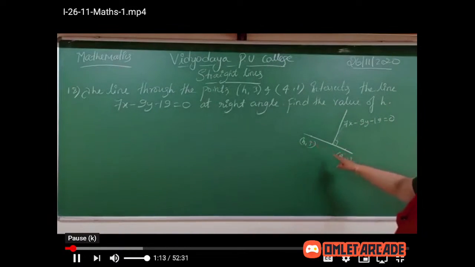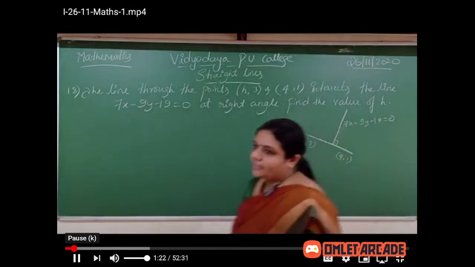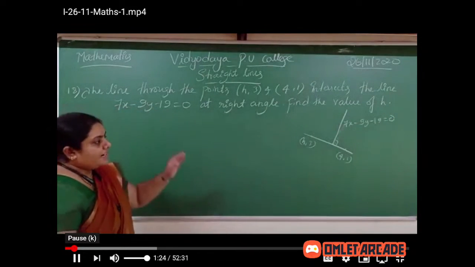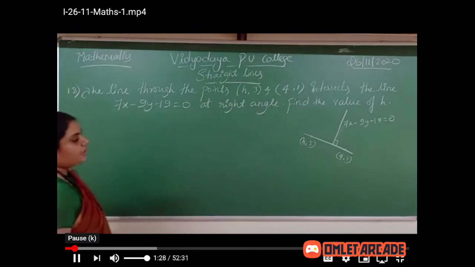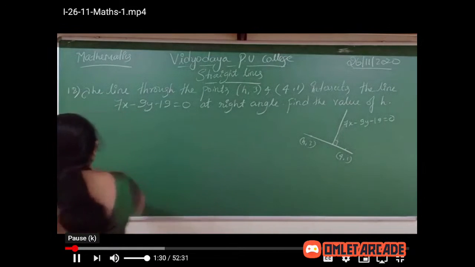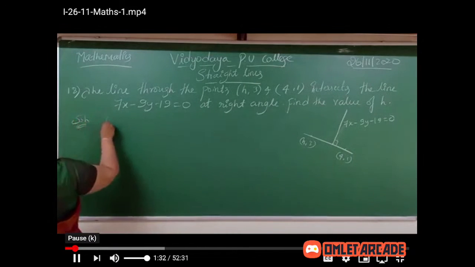See, the line through the points (h, 3), (4, 1) intersects the line 7x minus 9y minus 19 is equal to 0 at right angle. Find the value of h. So we need to find the value of unknown h. Here students, consider the equation first.